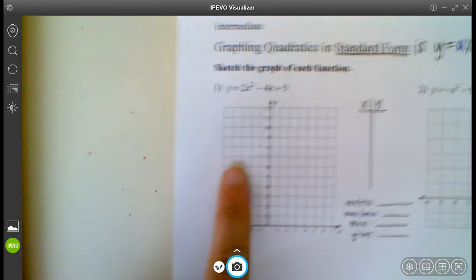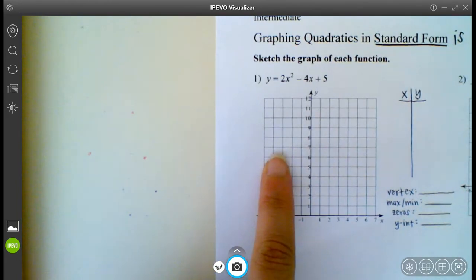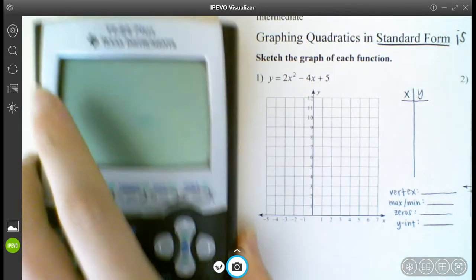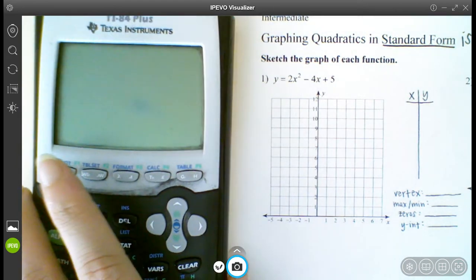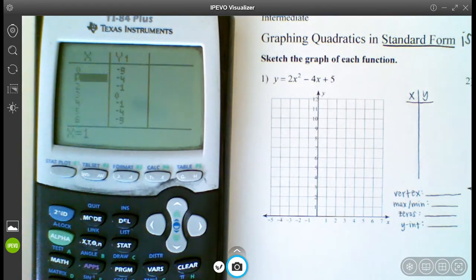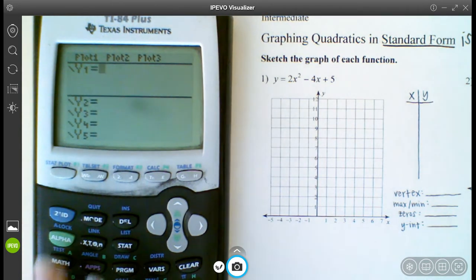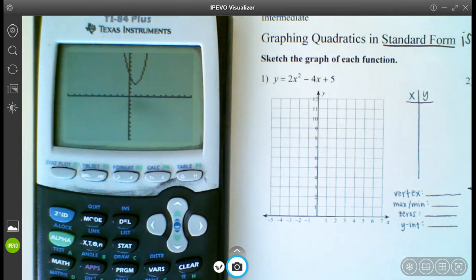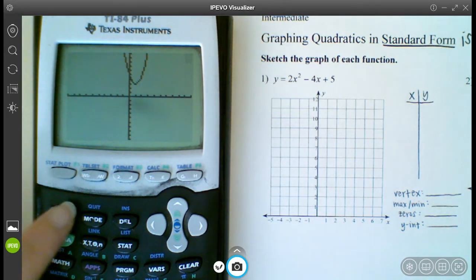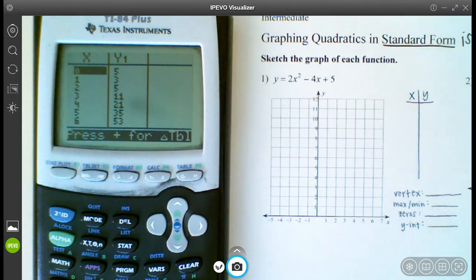So let's actually graph this first example in our calculator. So we're going to go ahead and go to y equals and type it in. So we are a happy facing U, and now we're going to go to our table. So second graph. And we're going to make our list. Now notice we have some pretty big numbers going on over here.